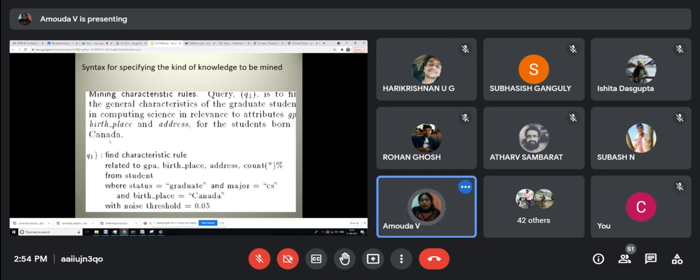GPA, birthplace, address. More than enough to see the characteristics of these people: where they are born, what the address is, and the GPA. We want to see the general characteristics only relevant to these three attributes of the students who are studying computer science, that too graduate students, and give me the count percentage. That's what the query says.